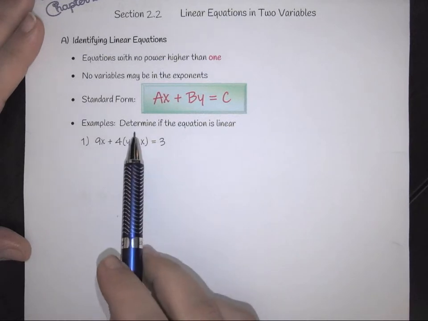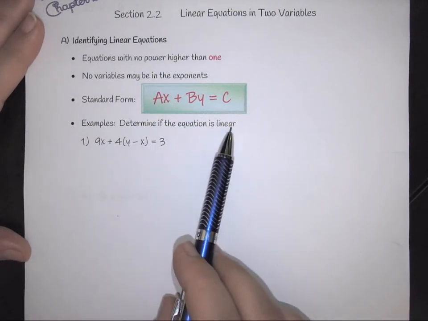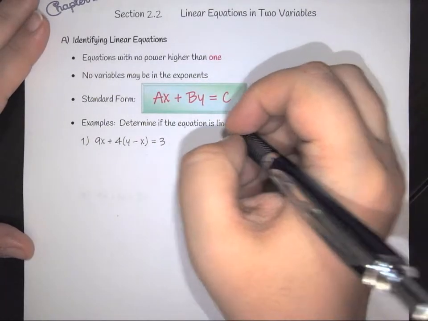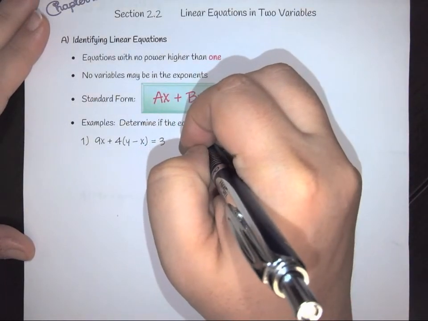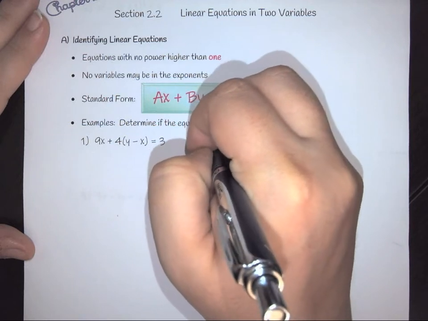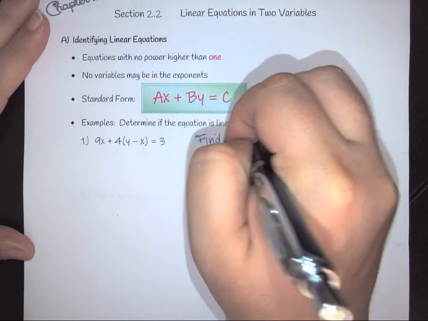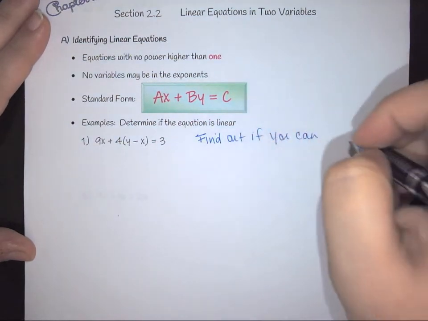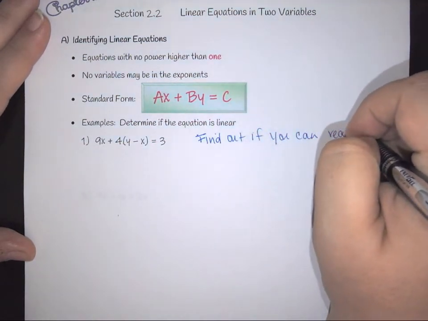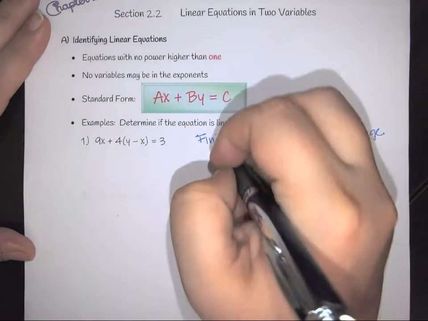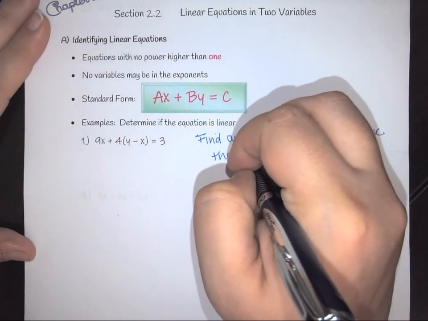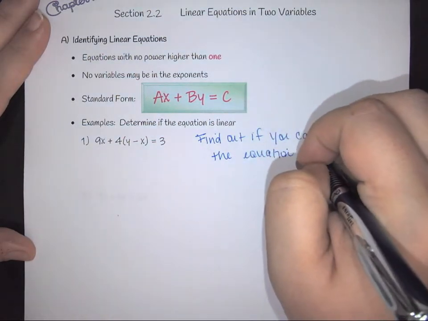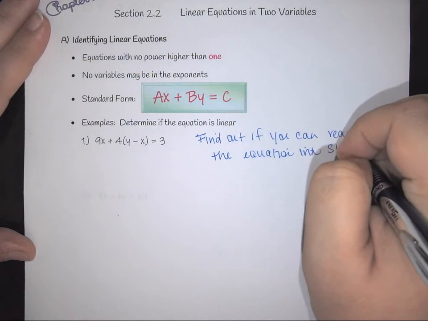First things first, you need to be able to determine if an equation is linear. The way you do that is you need to find out if you can rearrange the equation into standard form.